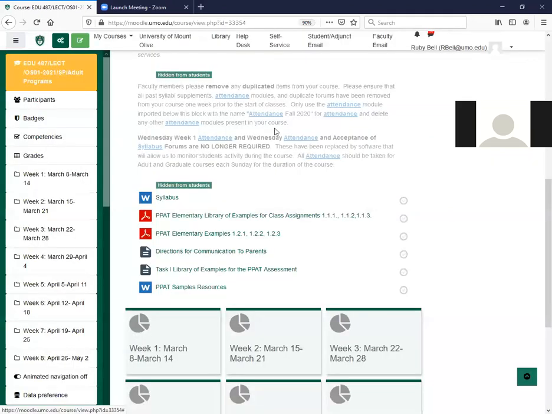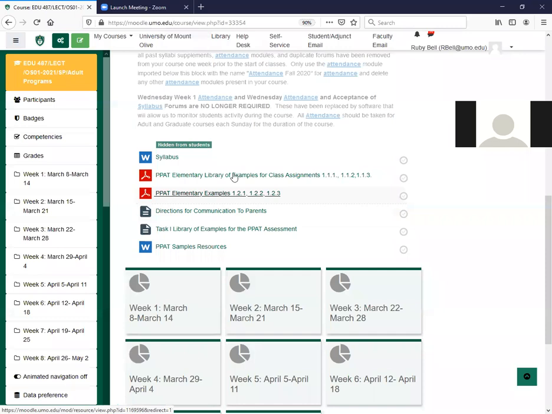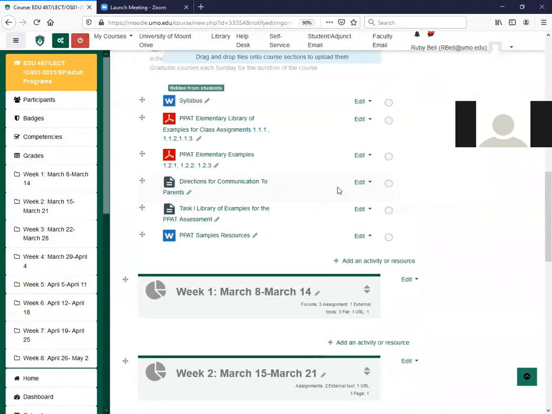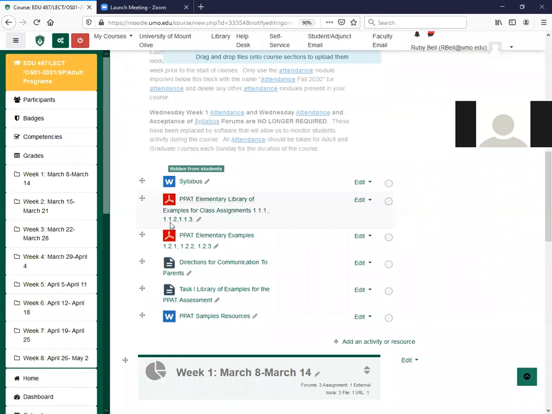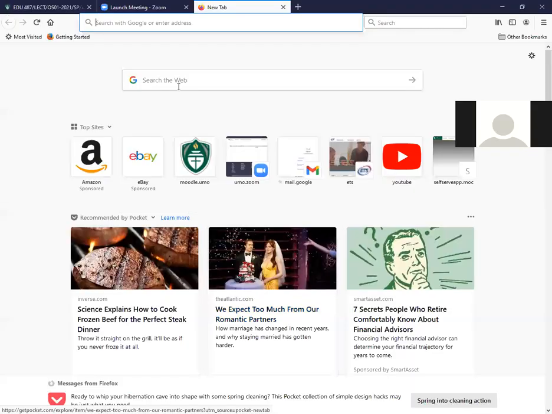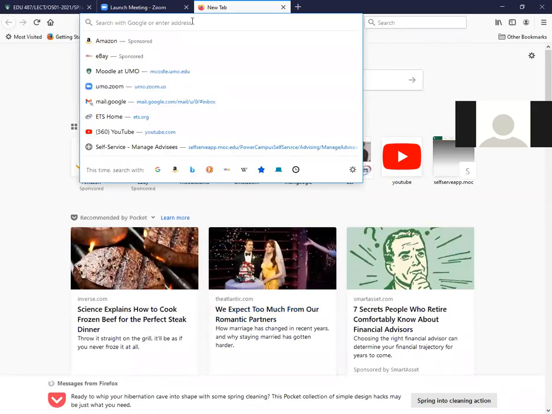Let me go again. I can go to ETS and find it. I just didn't want to go that route. Let me see if this will give it to me. No, it's not going to give that to me. Okay. It's more than one way. This is the long way that I didn't want to take.